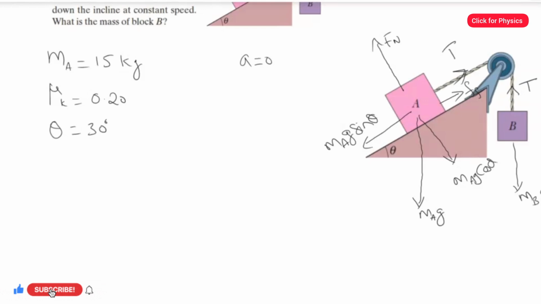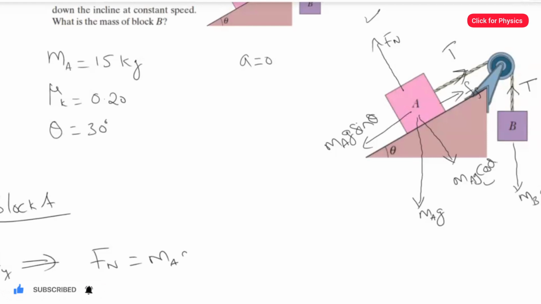Let's consider block A, and I'm going to write the sum of the forces in the Y direction. In the Y direction, we have the normal force, so the upward force is equal to the downward force. By that we get Fn equal to MA G multiplied by cosine theta.